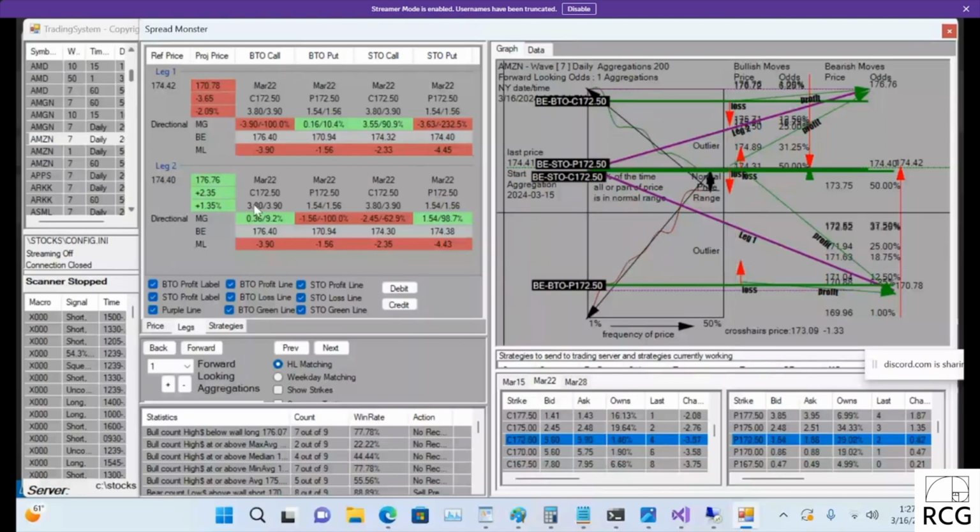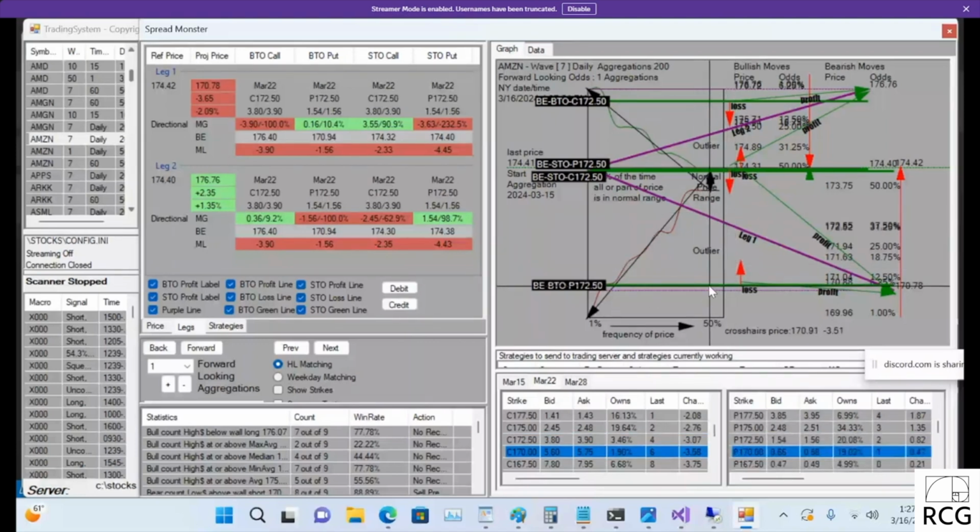Because they're jacking up the premium so much that we've got to get down to this green line and below at expiration to get our money back. We at least got to get to the green line to get our money back at expiration. So they're really piling on the premium.